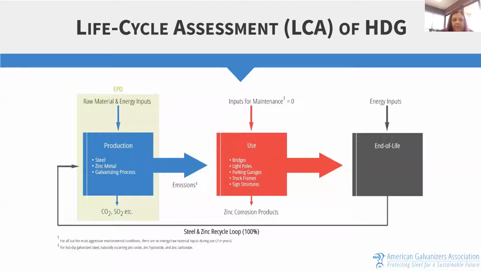It can just be out there for 75 or more years, and particularly in a rural environment for easily 100 years. A little bit of energy when you want to demolish the bridge or take it down, but otherwise it's just going to sit there and kind of do its job. And when you take it down, of course, 100% recycle, loop back into production, no waste of materials there.